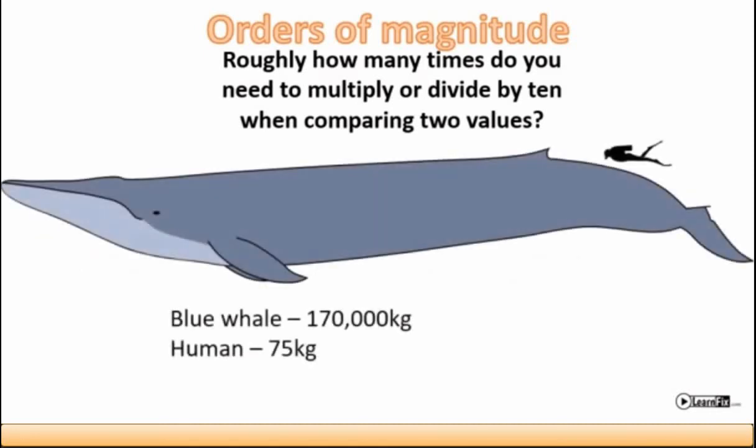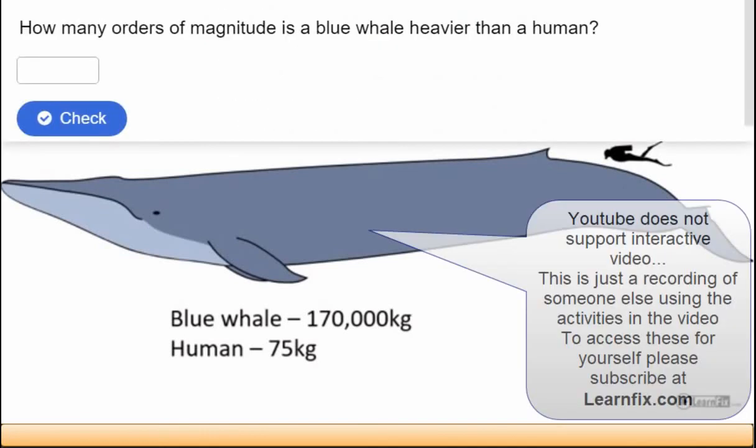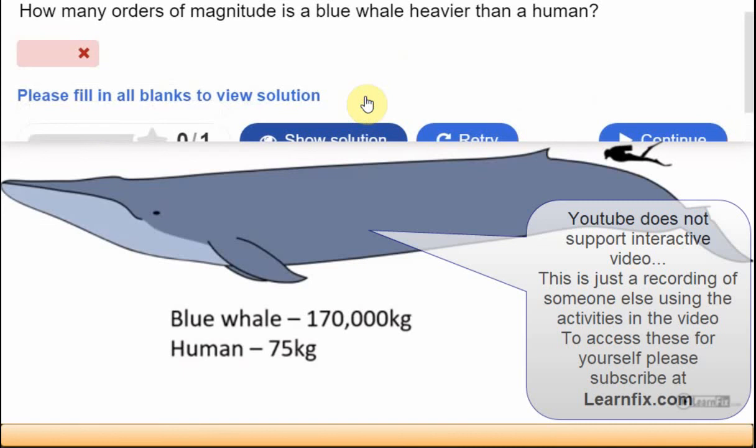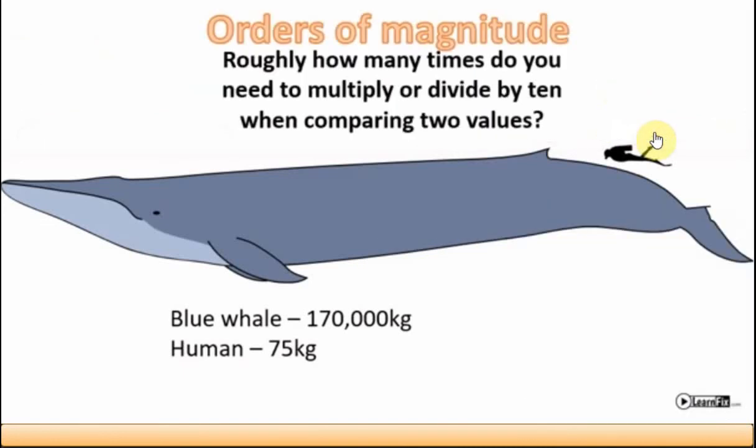So using orders of magnitude, how many times heavier is a blue whale of 170,000 kilograms than a human of 75 kilograms? An easy way to do this is to convert both numbers into standard form and then compare their index numbers.